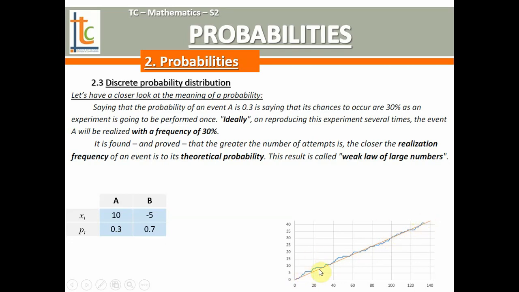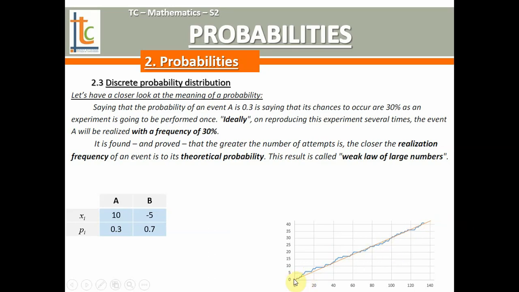Sometimes the real number of realizations of A is bigger than expected, and in other situations this number is lower than expected. But the reality turns around this ideal line.